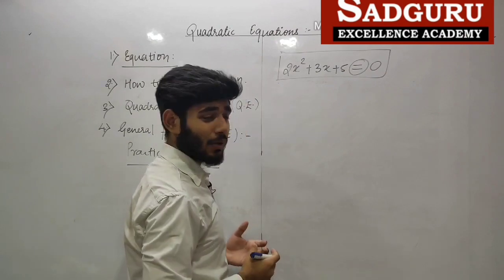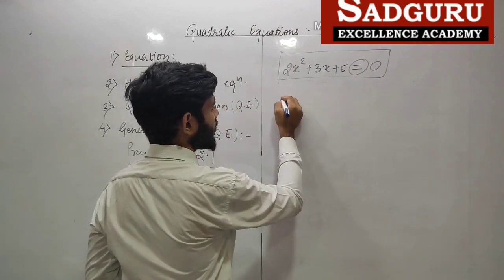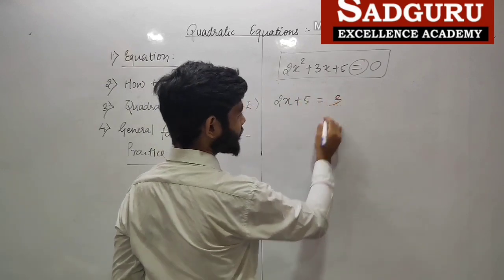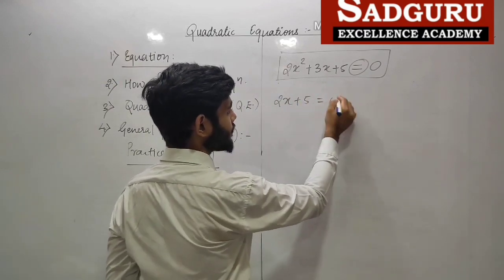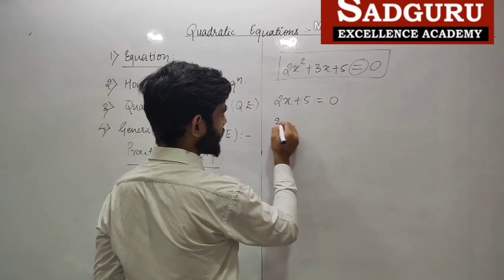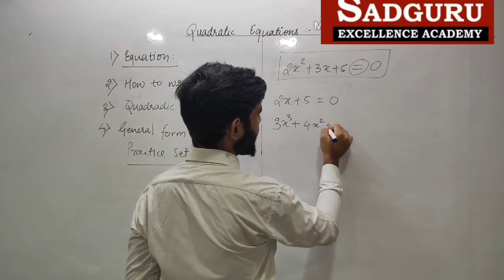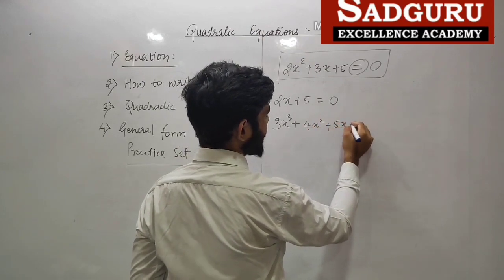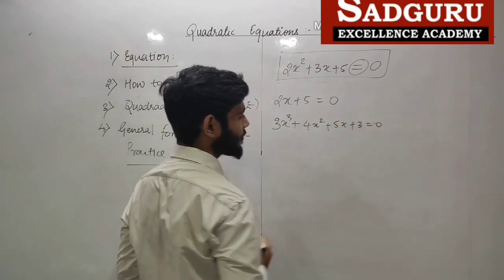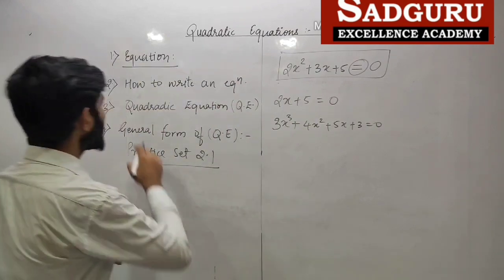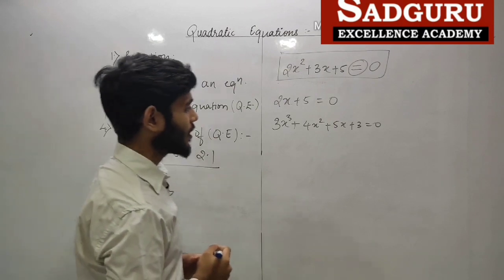So with this equal to sign, an equation comes into being. Some other examples of equation are 2x plus 5 equals to 3, or you can say 0, and 3x cube plus 4x square plus 5x plus 3 equal to 0. Alright. So next, how to write an equation?